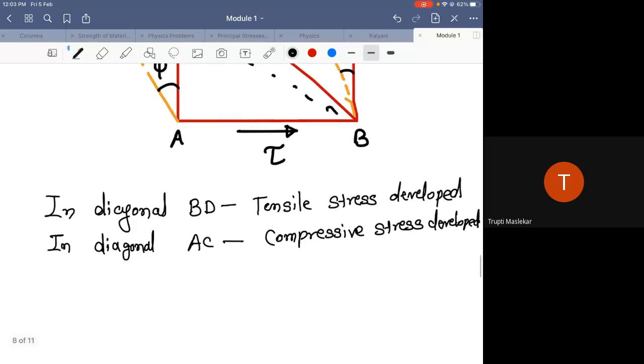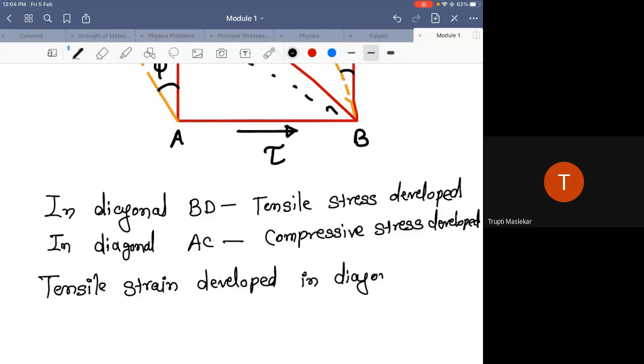Now, let us calculate the tensile strain developed in diagonal BD.